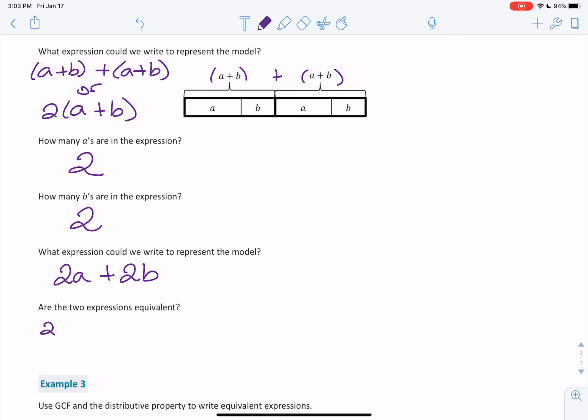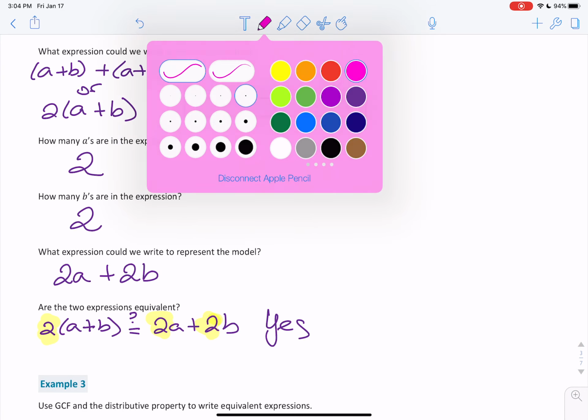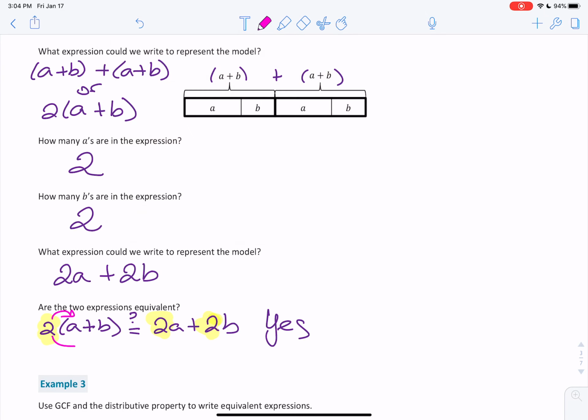Well, we have 2 times A plus B, and we have 2A plus 2B. Are they equivalent? Meaning, are they the same? Yes, because all they did here was take this 2 that A and B had in common and factored it out. So yes, they're equal. If we multiply 2 times A plus B, we're simply going to go backwards, and it would be 2 times A and 2 times B, and we'd end up with 2A plus 2B.